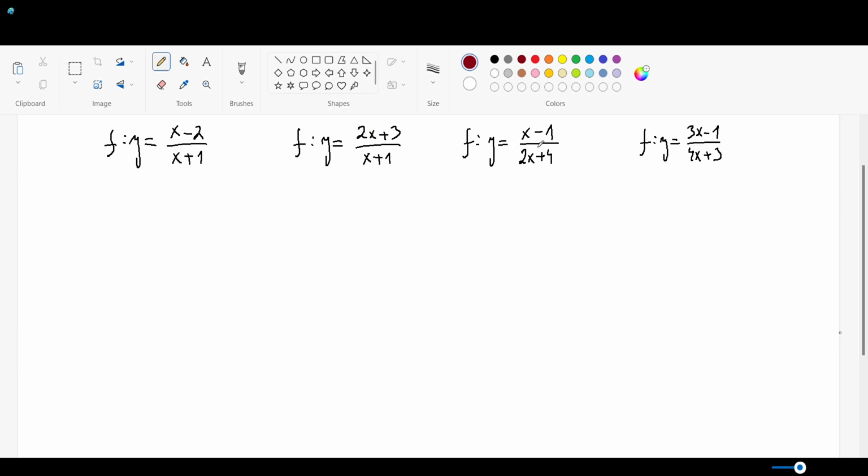Then it gets a little bit harder because here is number 1 and here is number 2, and really the most advanced linear to linear rational function can be given by 3 times x, and in the denominator we have 4 times x.